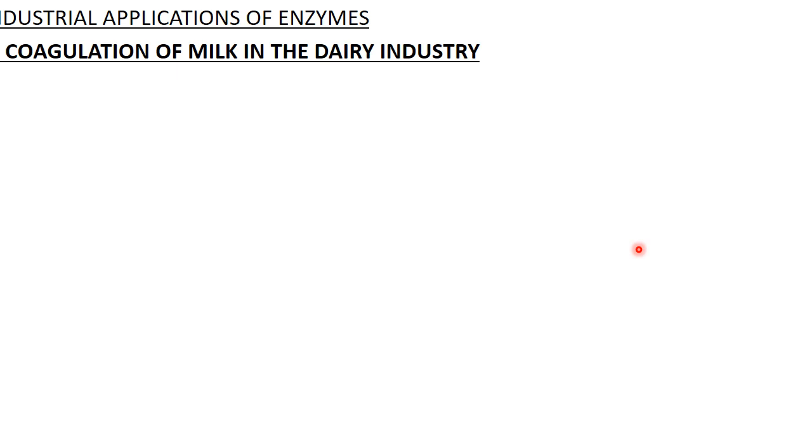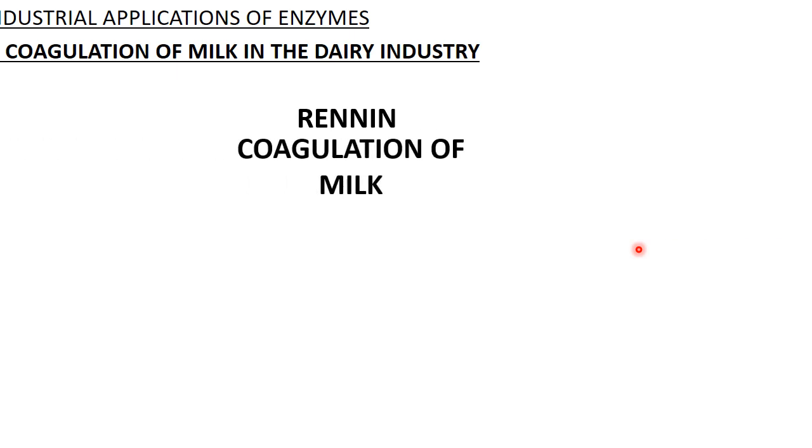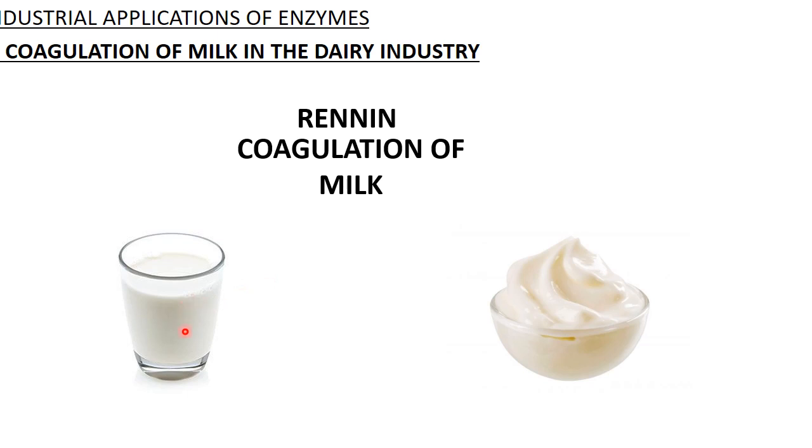Another application is coagulation of milk in the dairy industry. Here we use an enzyme called renin in the process called coagulation. Coagulation of milk is the process by which milk like this, which is in liquid form, is converted into a form which is a bit hard like this. So this is yogurt.